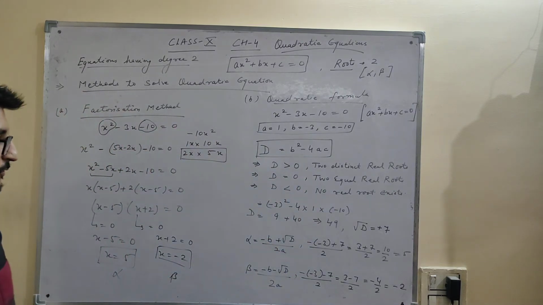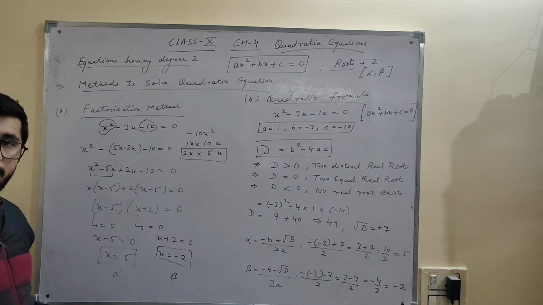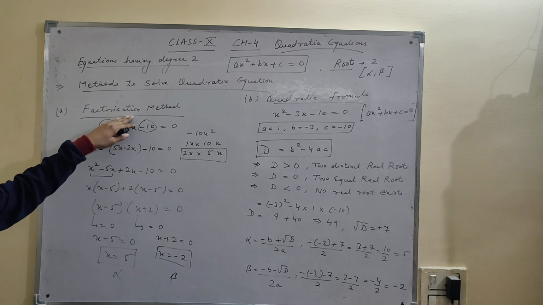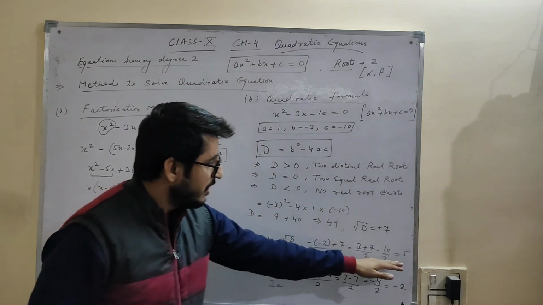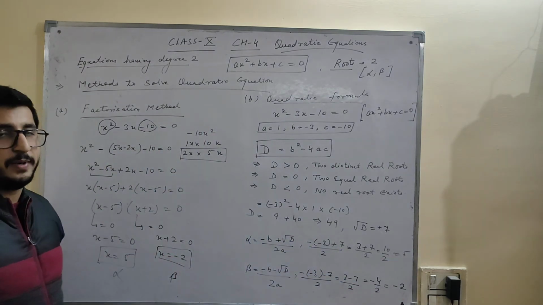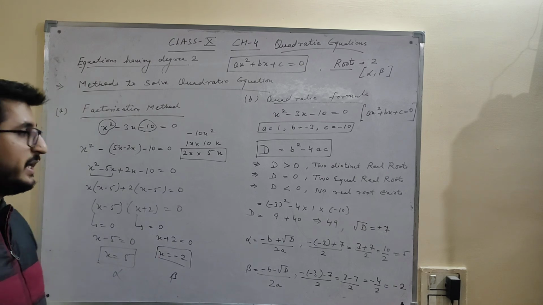So you can observe the roots of the quadratic equation are 5 and minus 2 using the factorization method, and using the quadratic formula also you have got the same values, alpha as 5 and beta as minus 2. You can use any of the methods to find the roots of the quadratic equation.